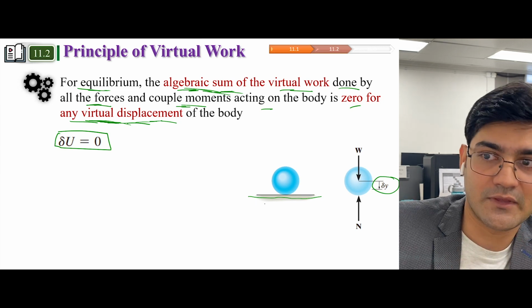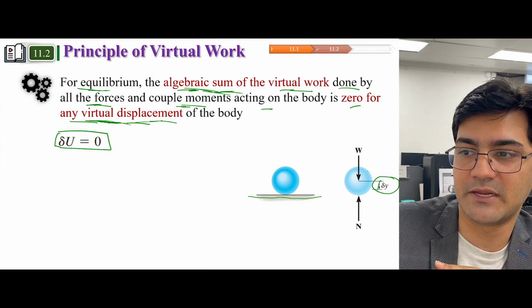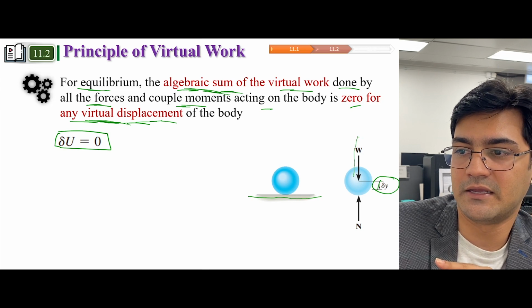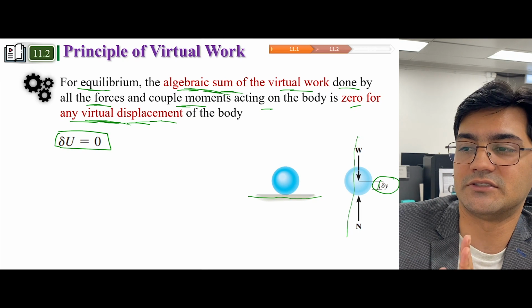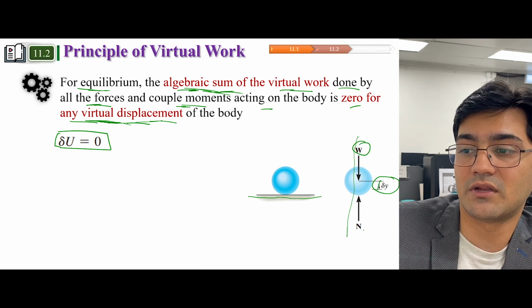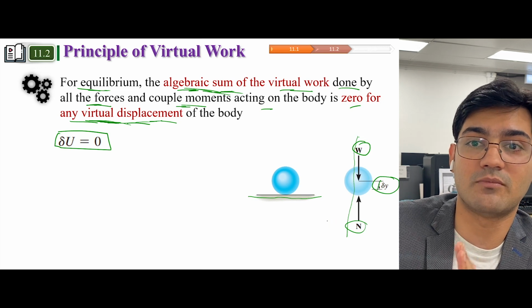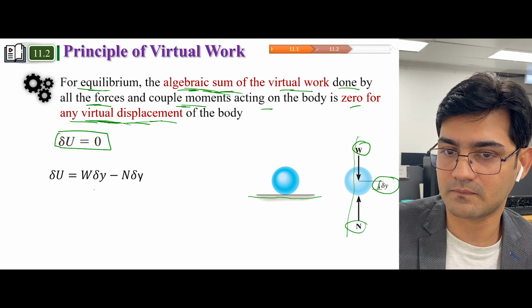Here we have two forces. This is the displacement, and this displacement is in the vertical direction. Which forces are acting vertically? You have the weight, which is acting vertically, and you have a normal force, a reactive force, which is also acting vertically.